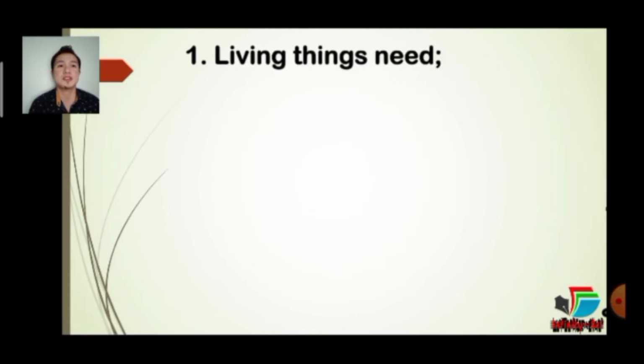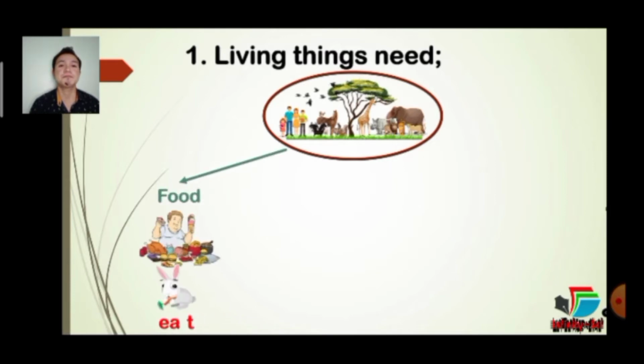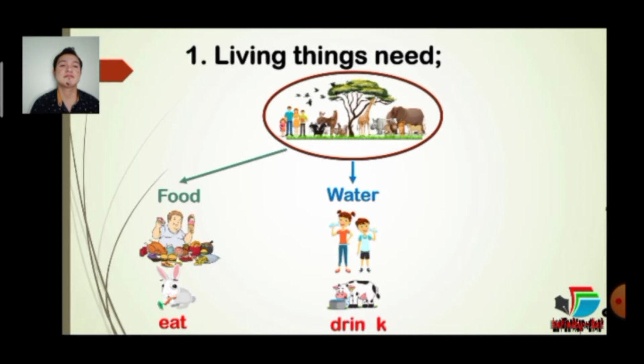Living things need a number of things. As we can see there, we have birds, people, farm animals, wild animals, and plants in the picture. So living things need food to eat. We see that gentleman is eating. He has a lot of food to eat, and the rabbit below is eating a carrot. Living things need water to drink.